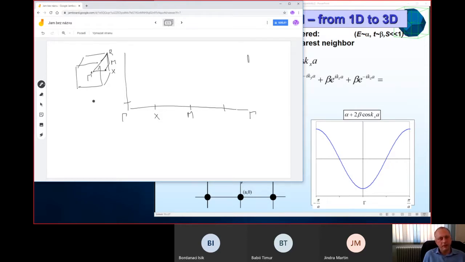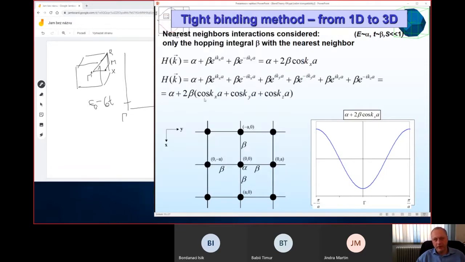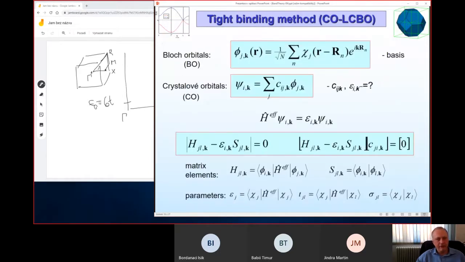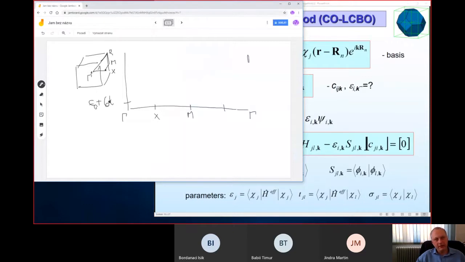It would be E0 minus 6t, because in this case t would be positive, but if we consider the s orbital, we would have plus 6t, but t would be negative.